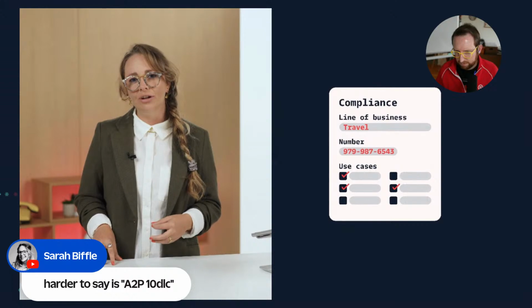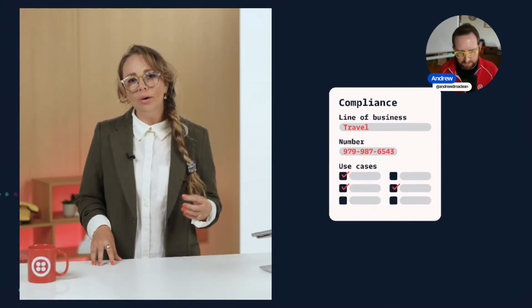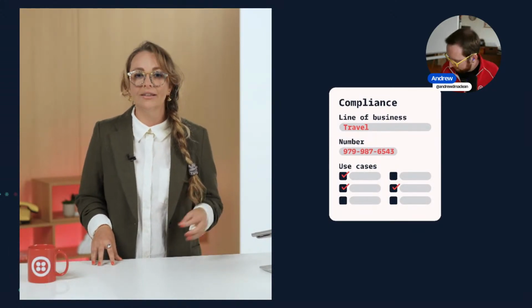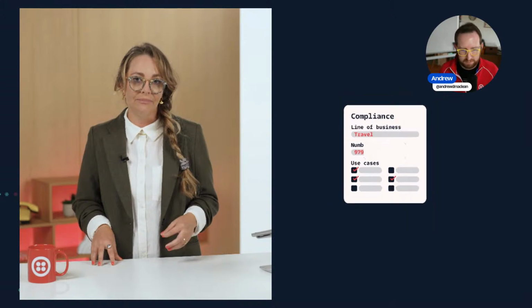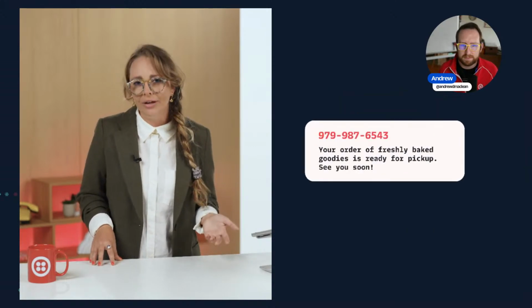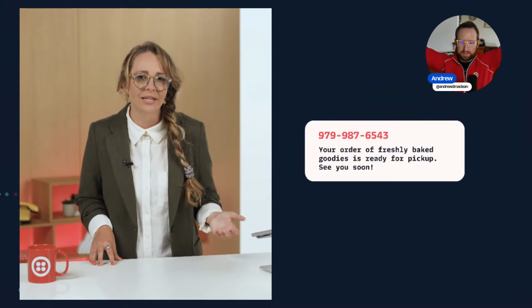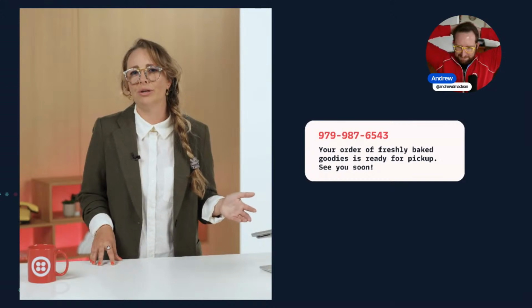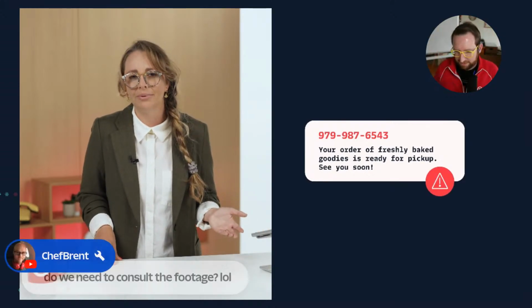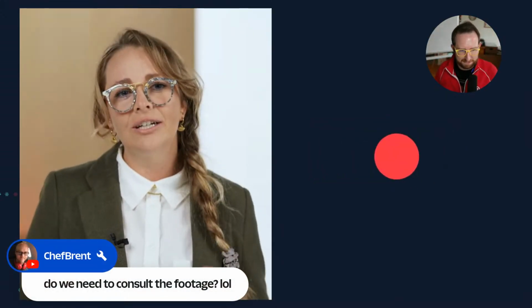Carriers rely on this information to verify that your messages are compliant and that the numbers are used appropriately. For example, if you're a travel agency and you're sending flight deals, you shouldn't just all of a sudden switch to messaging about a bakery order pickup. Second, adhere to content regulations by avoiding prohibited topics like scams, illegal substances, or explicit content.